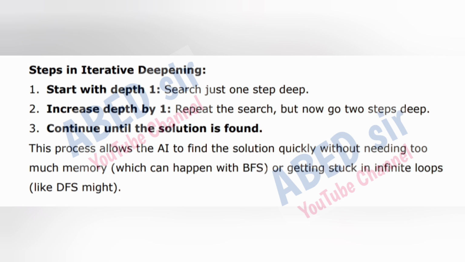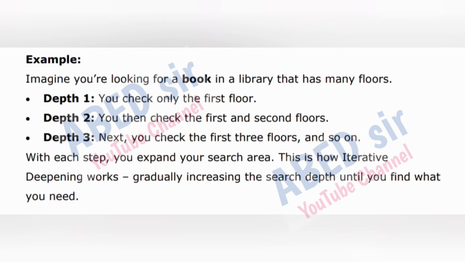This process allows the AI to find the solution quickly without needing too much memory, which can happen with BFS, or getting stuck in infinite loops, like DFS might. Example. Imagine you are looking for a book in a library that has many floors. Depth 1, you check only the first floor.